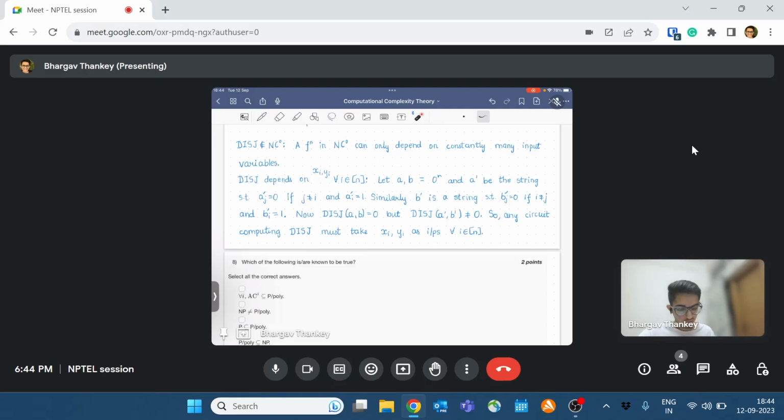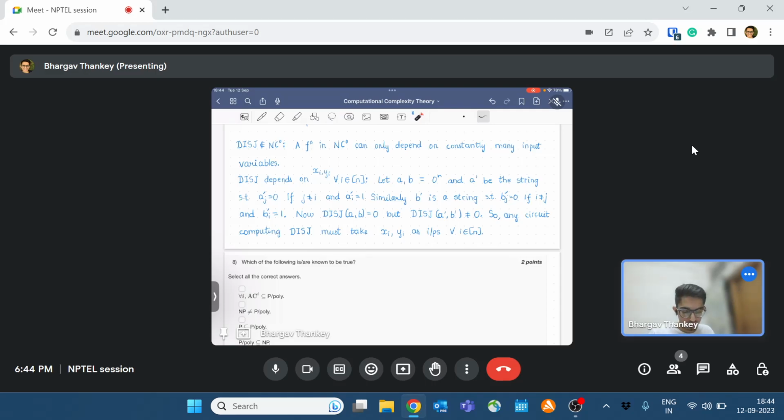Okay, so we saw that disjoint AB is zero, but disjoint A prime B prime is non-zero. So now suppose we had a circuit C which did not take Xi and Yi as inputs, right? Then as far as the circuit is concerned, AB and A prime B prime are exactly the same strings, because the only place at which they differ, in particular the ith bits, Xi and Yi, the circuit is not looking at those bits at all, right? So if for the circuit AB and A prime B prime are the same, its output must be the same.